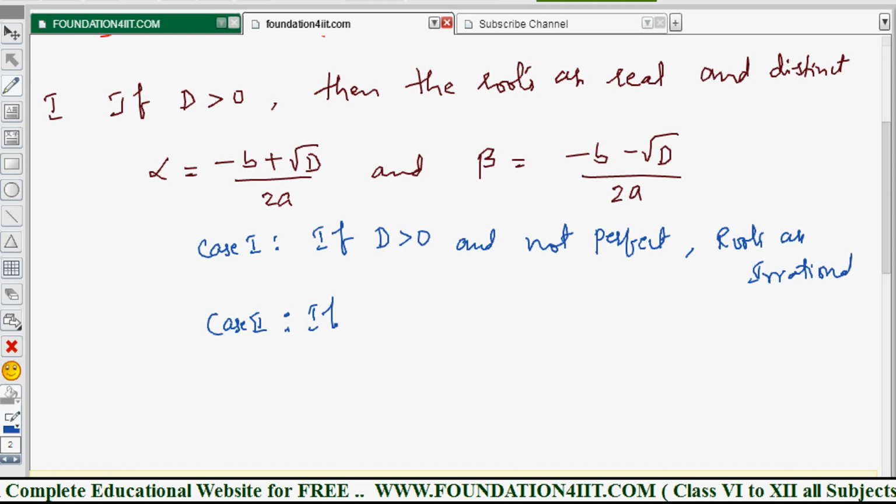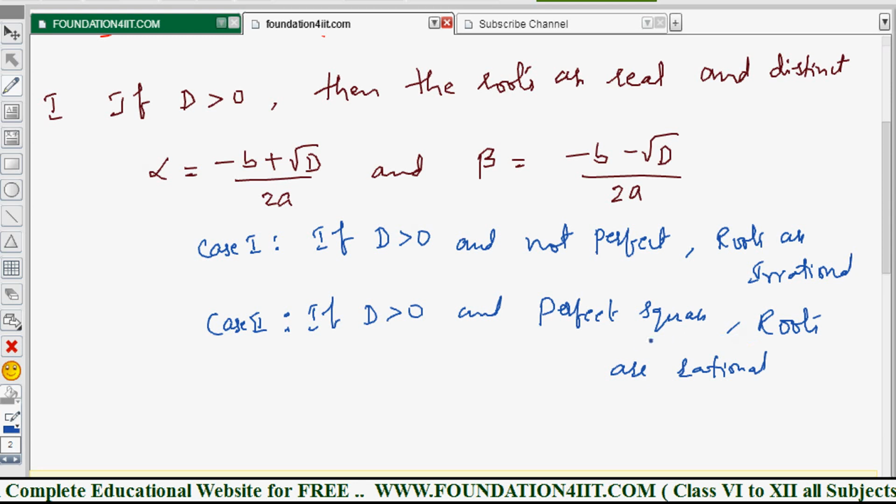If same d is greater than 0 and it is a perfect square, then automatically roots are rational numbers. I will take some more examples and explain later.